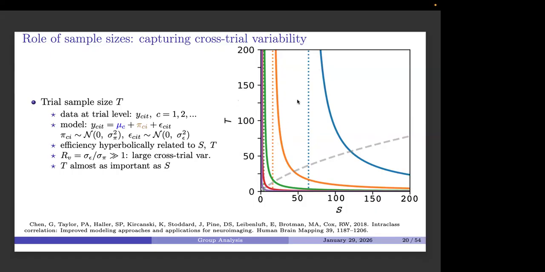The reason the number of trials is important is because of the cross-trial variability, the variance: how much it varies across different trials versus how much it varies across individuals. The cross-trial variability is larger, but how much larger is the ratio?